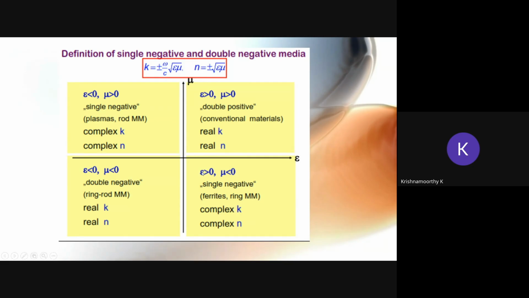But in the single negative medium, either mu negative or epsilon negative, the wave cannot propagate inside that particular medium. Okay, the fourth category of medium: here epsilon is positive but mu is negative. So here also we have complex k and complex n, and here also the wave cannot propagate.